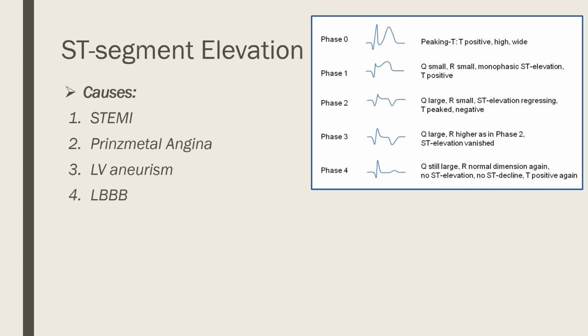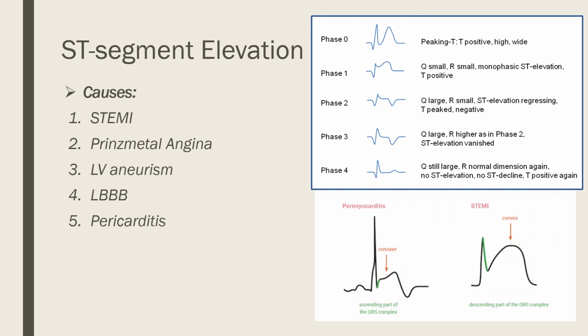Fourth, left bundle branch block, as shown previously. Fifth, pericarditis, as shown in the figure. The ST elevation of pericarditis is a concave shape, while the ST elevation of myocardial infarction is a convex shape.